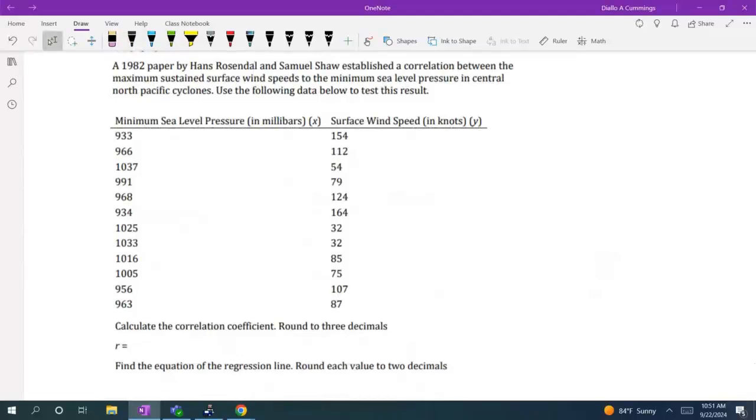Okay, and in the last example, it says a 1982 paper by Hans Rosendale and Samuel Shaw established a correlation between the maximum sustained surface wind speeds and the minimum sea level pressure in the central North Pacific cyclones. And we actually use the data below to test the result.